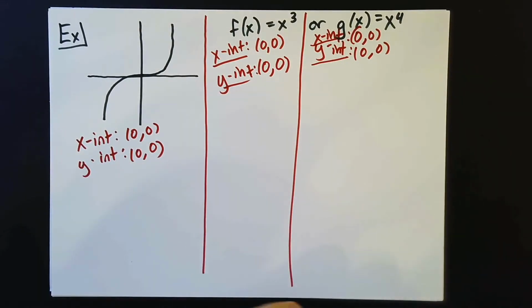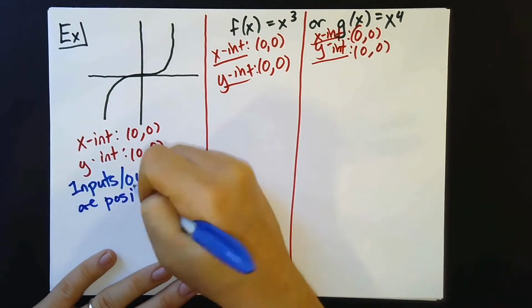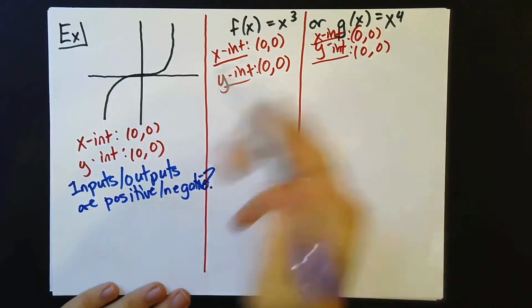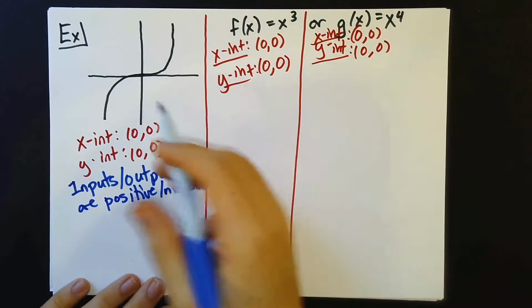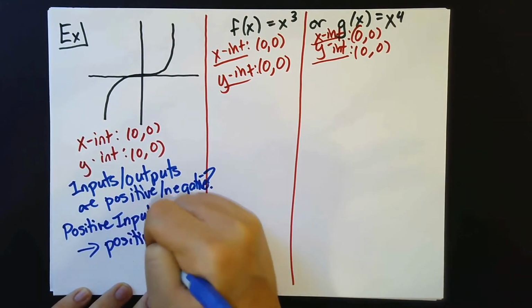So I want to suggest another thing you can look at to help you sort these out, namely whether the inputs and outputs are positive or negative. So for the graphed function, I want to point out positive input gives me a positive output.